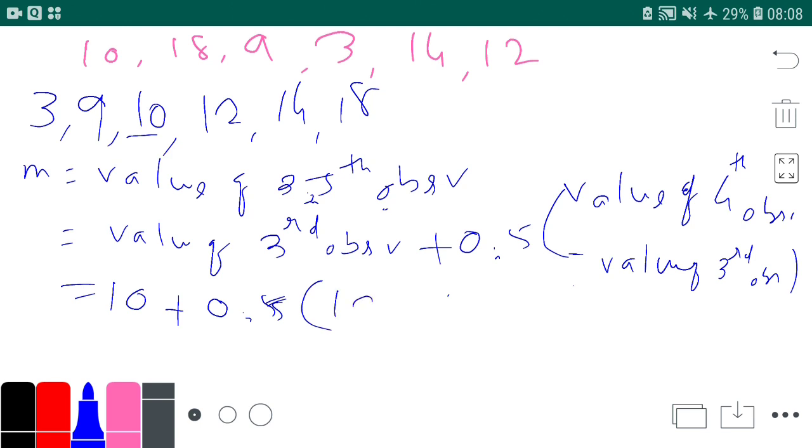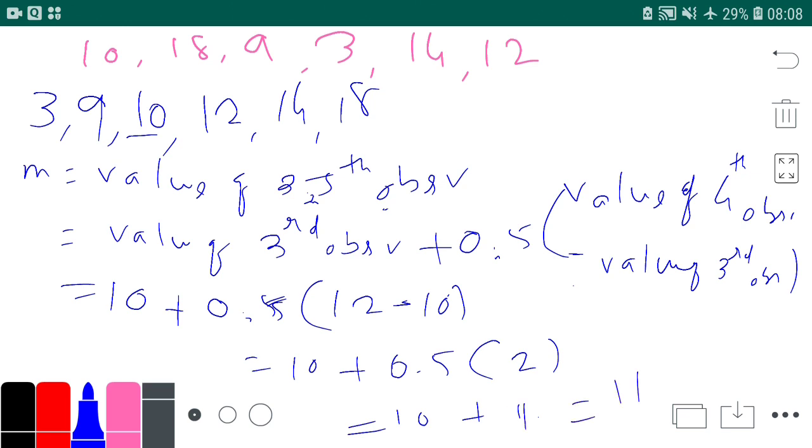The fourth observation is 12 minus the third observation, which is 10. So it is 10 plus 0.5 into 12 minus 10. That's 2, so 10 plus 0.5 into 2. Now 0.5 into 2 is 1. So 10 plus 1, 11. So 11 is the answer.